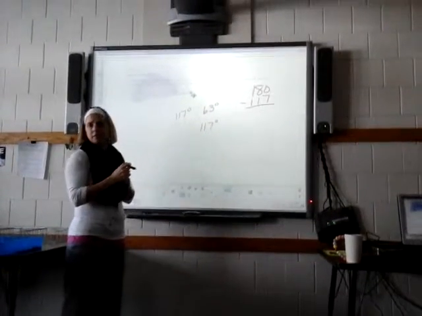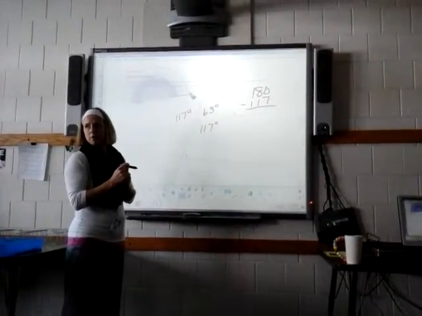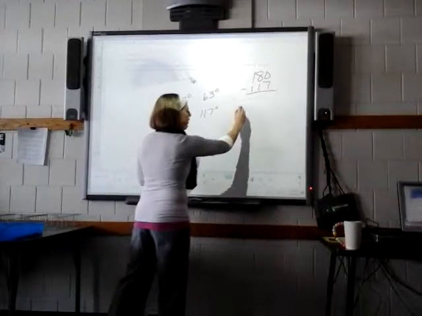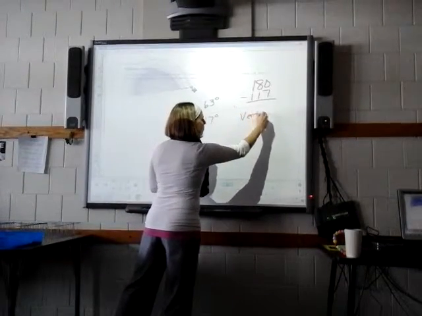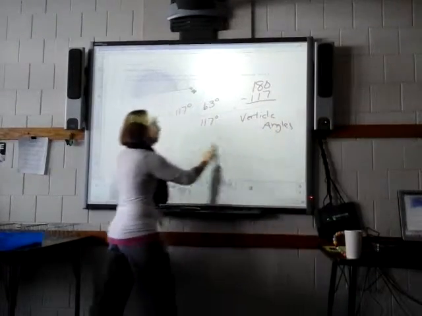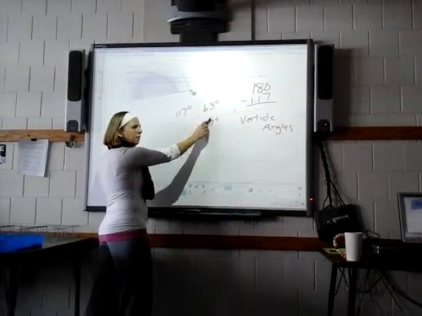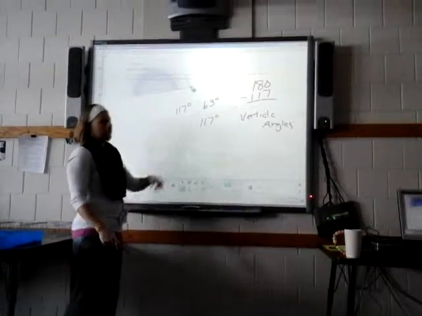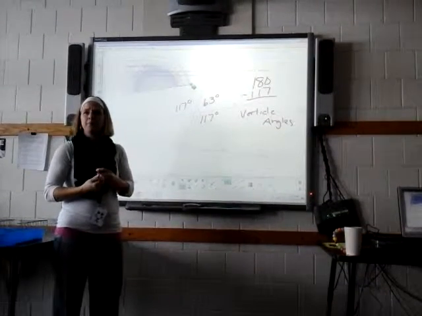They're directly across from one another, and that vocabulary word is vertical angles. Very good. Two lines that intersect create opposite angles, vertical angles, and they have to be the same degree of measure.